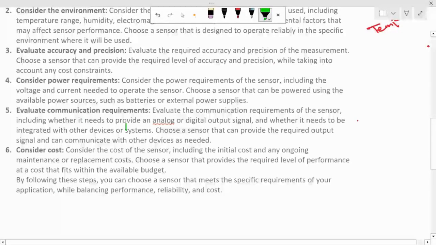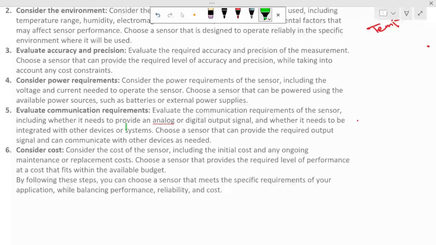Evaluate the communication requirements of sensors, including whether they need to provide an analog or digital output signal, and whether they need to be integrated with other devices or systems. Choose sensors that can provide the required output signal and can communicate with other devices as needed.